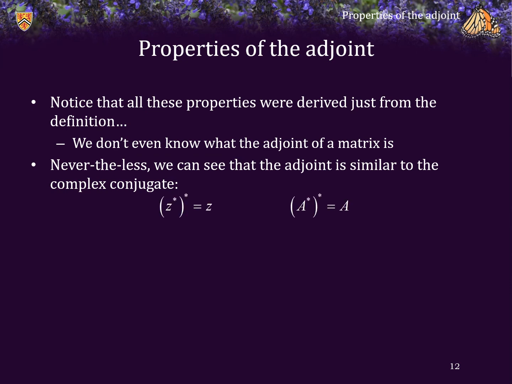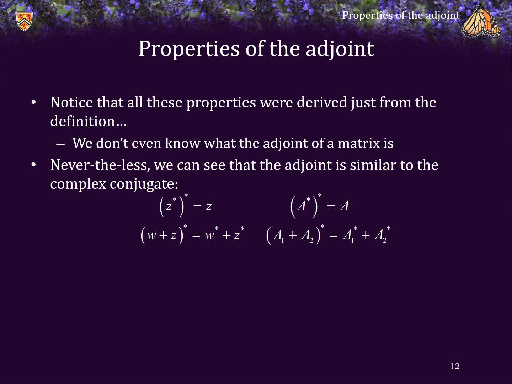For example, the conjugate of a complex number is itself. The adjoint of a linear map is itself. The conjugate of a sum of two complex numbers is the sum of the conjugates.